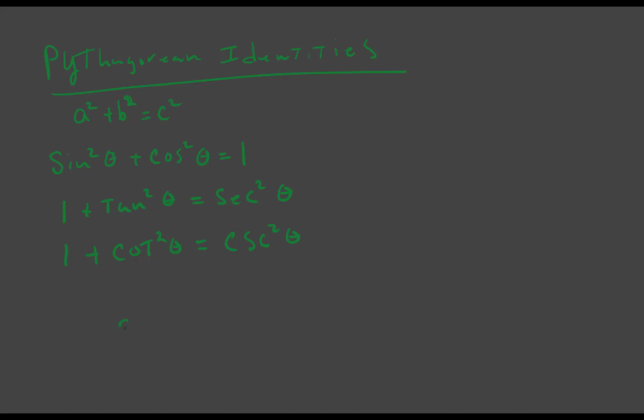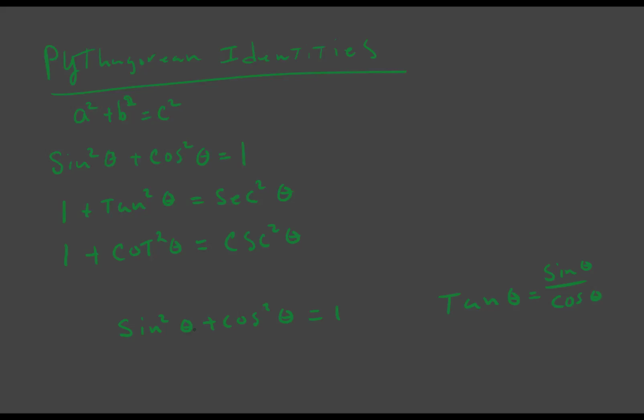and let's say that we want an identity that has tangent in it. Well, we start with sine squared of theta plus cosine squared of theta equals 1, and we realize that tangent of theta is equal to sine of theta over cosine of theta. You'll recall that from our work on the unit circle.